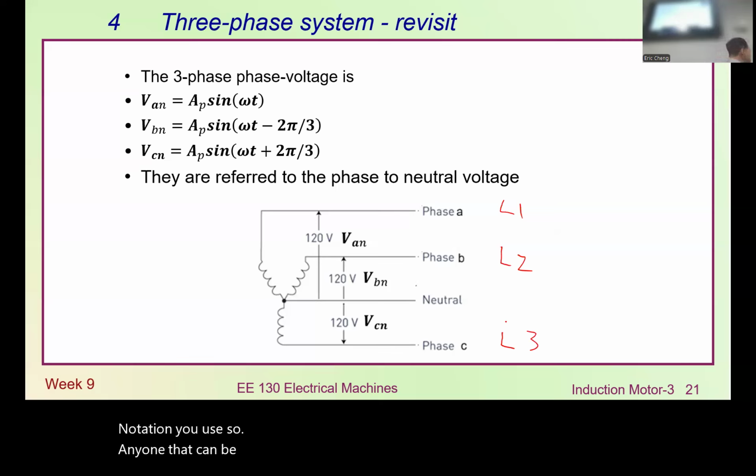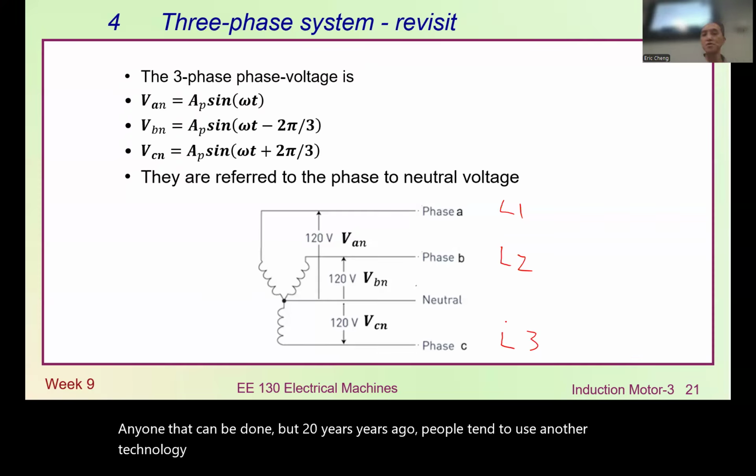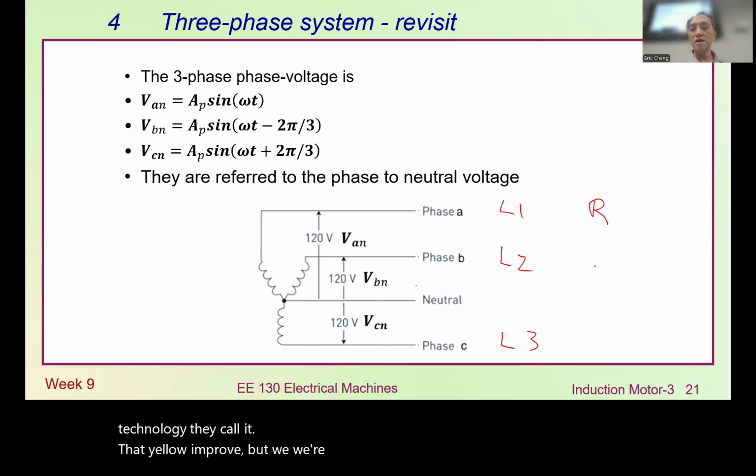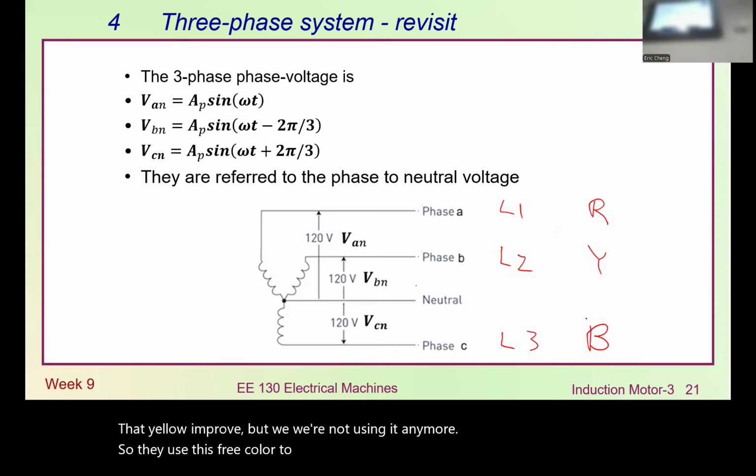But 20 years ago, people tended to use another terminology. They called it red, yellow, and blue, but we're not using it anymore. They used these three colors to identify different phases, and that had been used for more than 100 years.